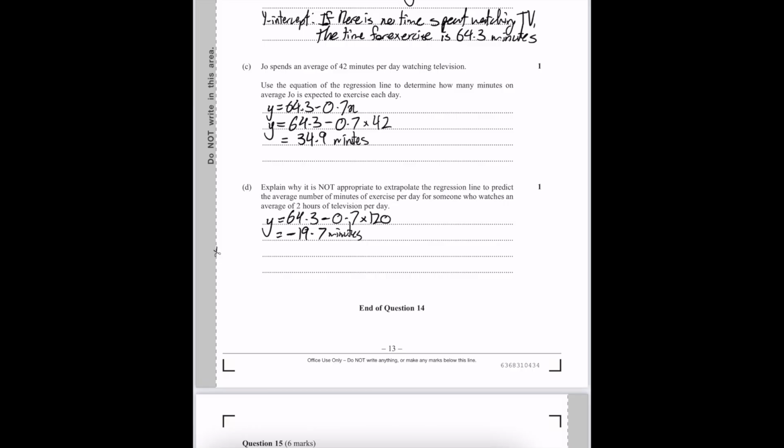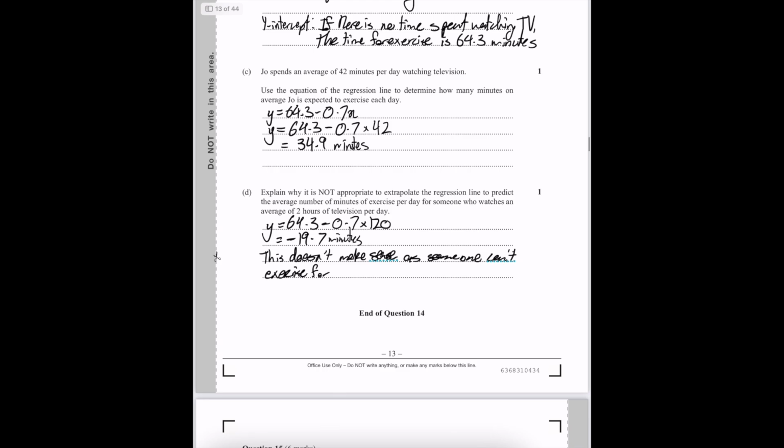And then we can say this doesn't make sense, as someone can't exercise for negative time.